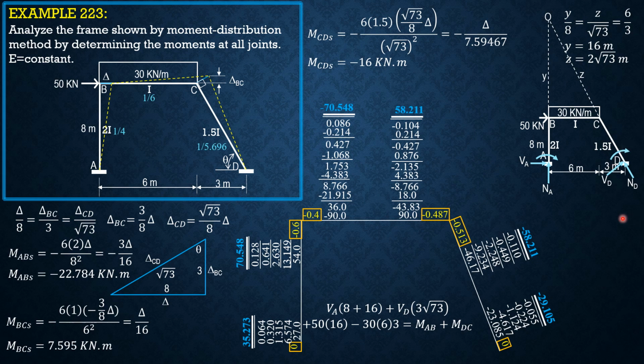So V sub A times 8 plus 16 plus V sub D times 3 square root of 73, this distance here. Then plus 50 times Y, 50 times 16, minus 30 times 6 times 3, the moment of this uniform load. Then equals clockwise moments MAB plus MDC. So that's the equation, and let's have it on the next slide.